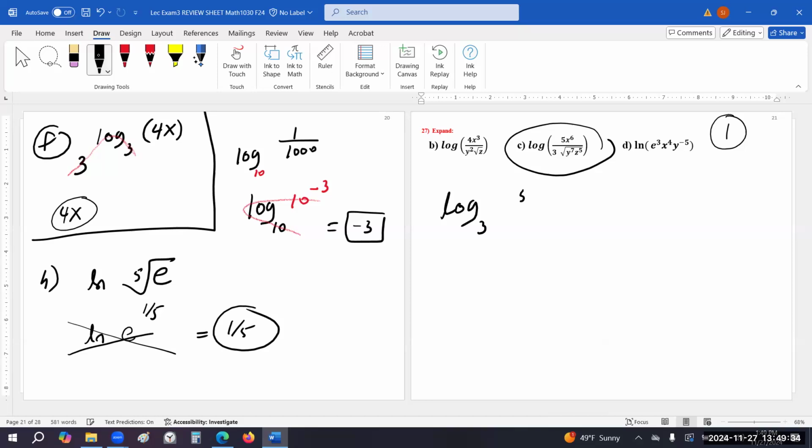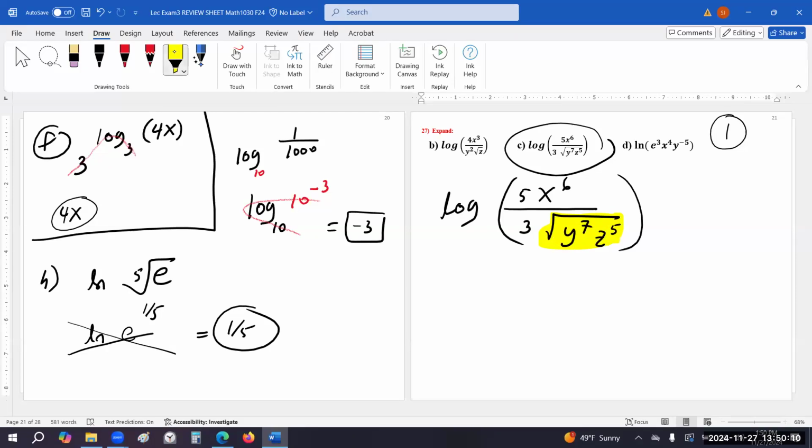We have log base 3, 5x to the 6 over 3 square root of y to the 7, z to the 5. But before that, anytime you have a radical, you need to rewrite your radical. Before that, let's work with this portion. We're going to separate them and rewrite them.